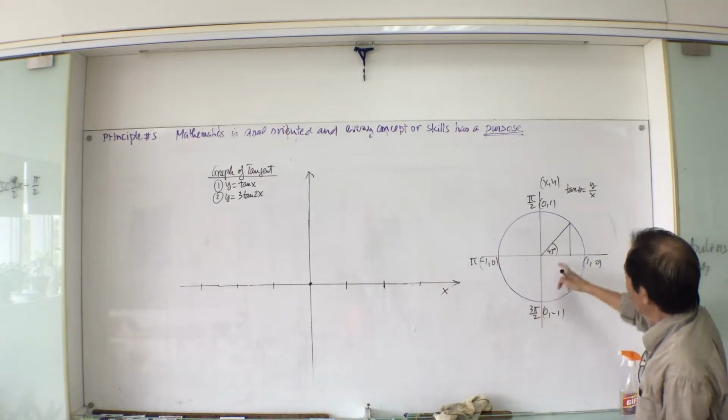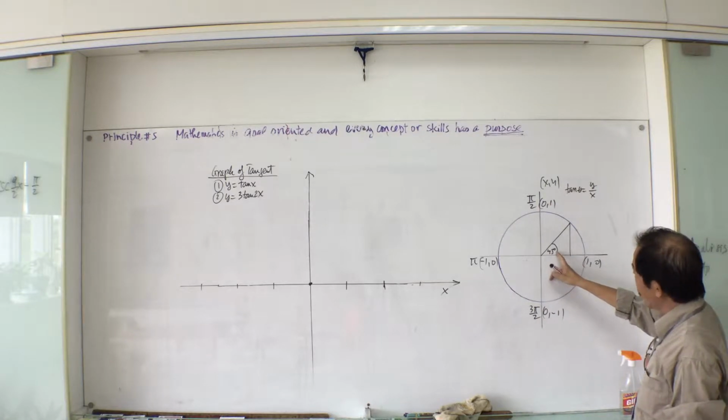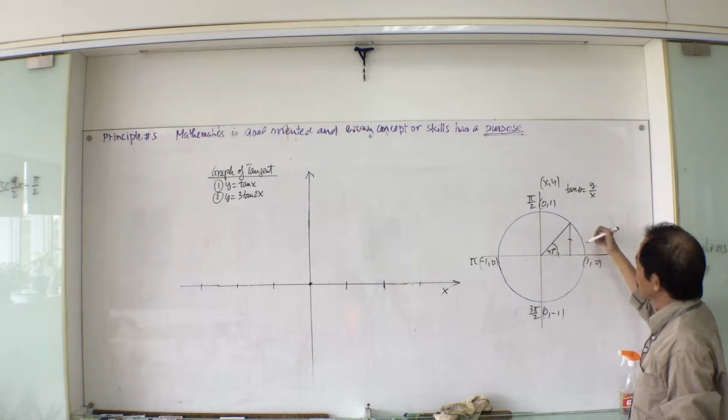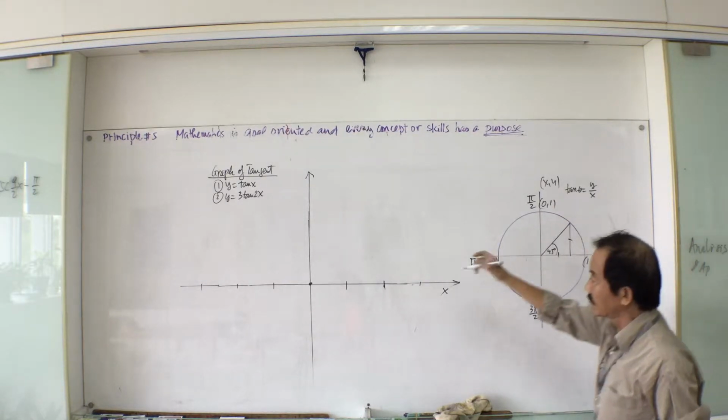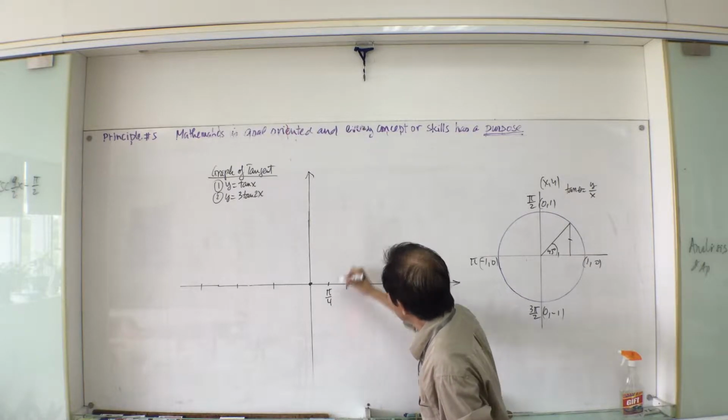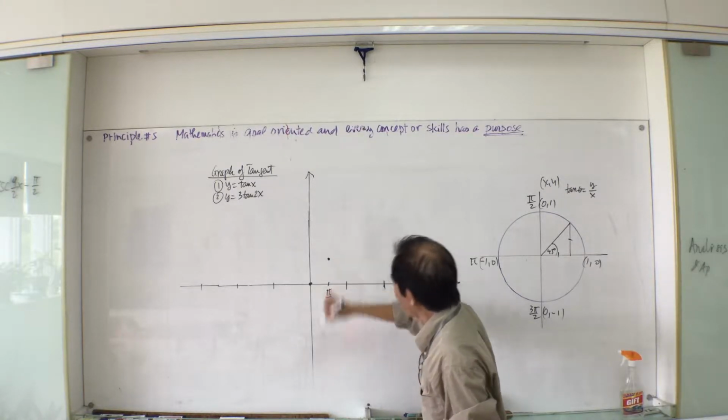When the angle equals 45 degrees, this is an isosceles triangle, right? So tangent equals 1. I mark 45 degrees, which is pi over 4, so the value of tangent equals 1 right there.